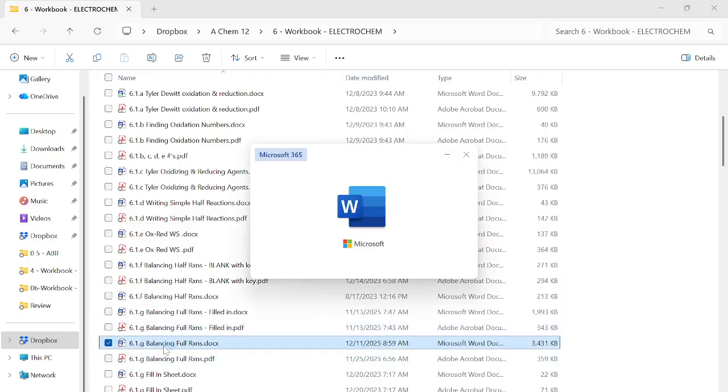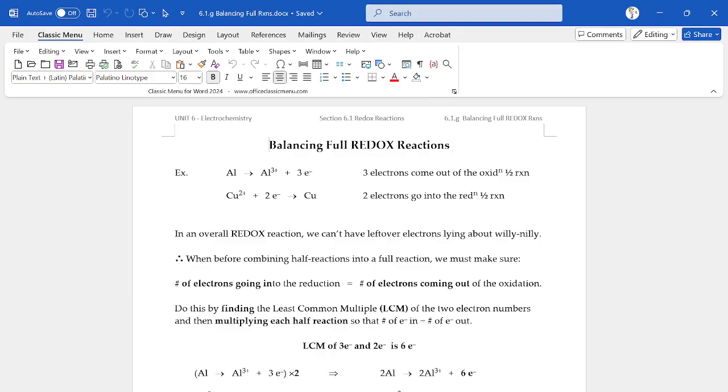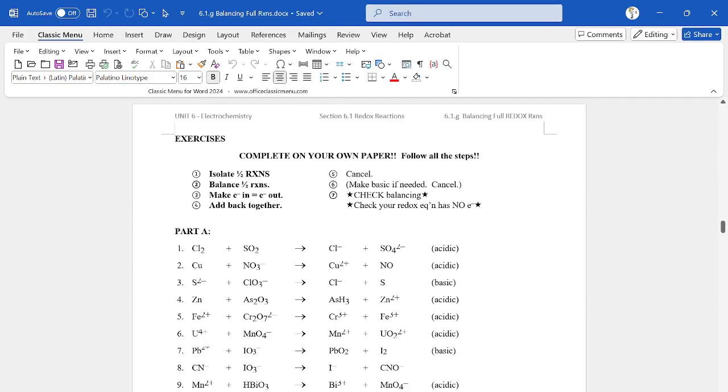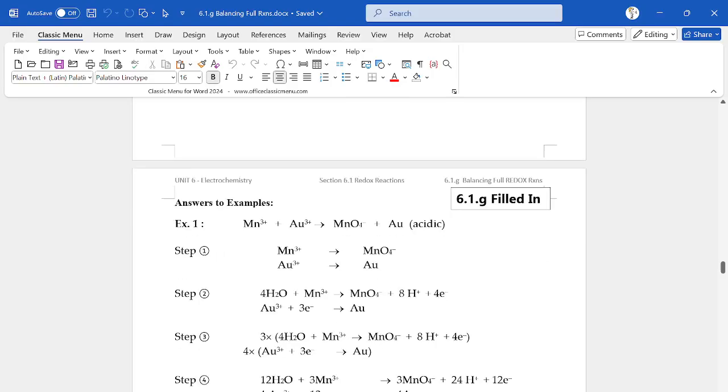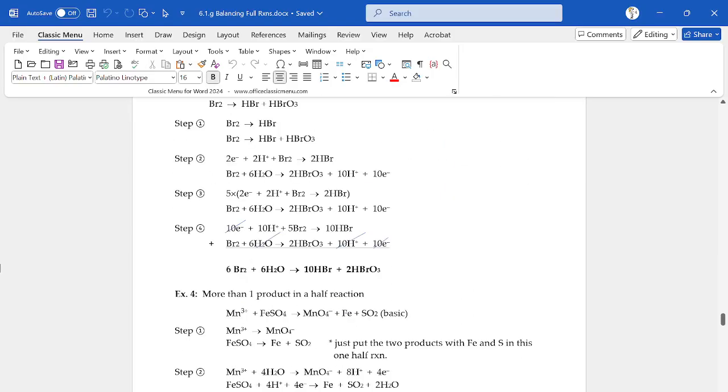There we go. Am I going to regret choosing the Word file? I regret choosing the Word file. Oh, no, I don't. Okay, it's good. There we go.